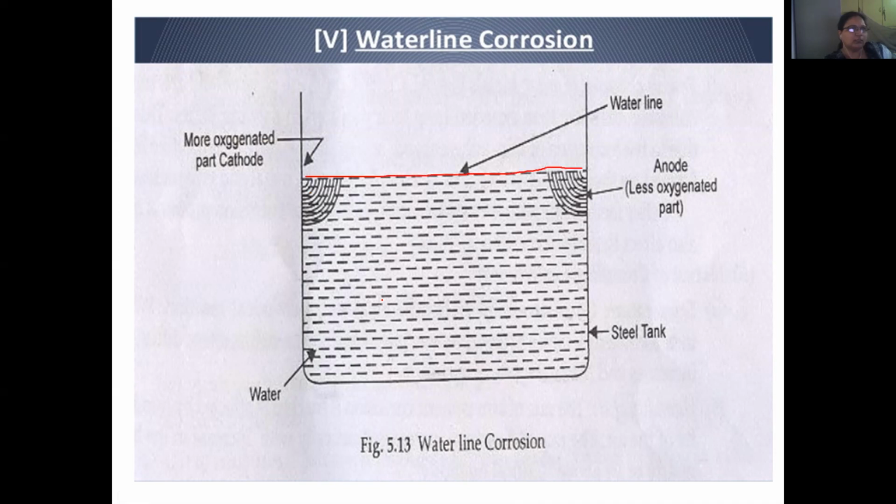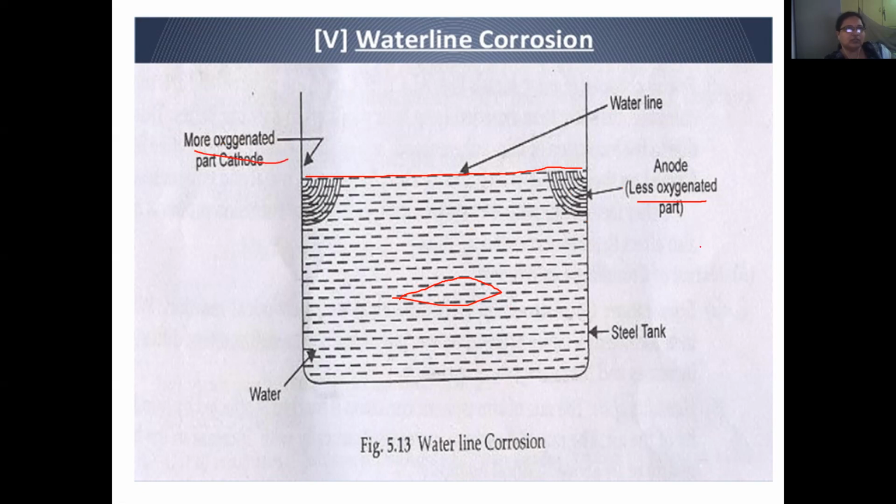What is happening is the surface of the metal is more oxygenated, because we have atmospheric oxygen as well as the oxygen present in the water, whereas beneath the water has only the oxygen present in the water. So this is the less oxygenated part and this is the more oxygenated part.